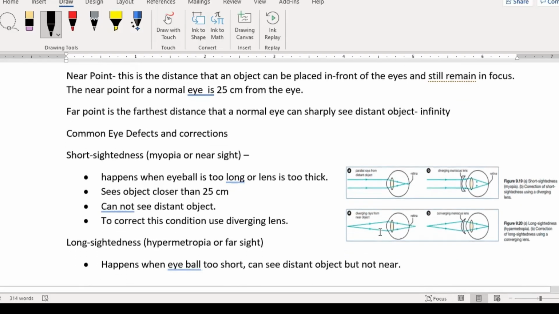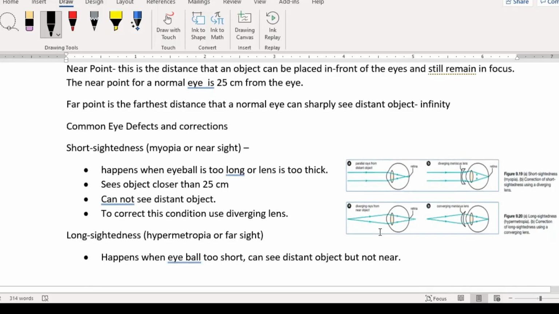So you have short-sightedness, which is called myopia, and in some cases we say nearsighted. What is happening is that the eyeball is a bit longer than usual, or we could say that the lens is too thick.